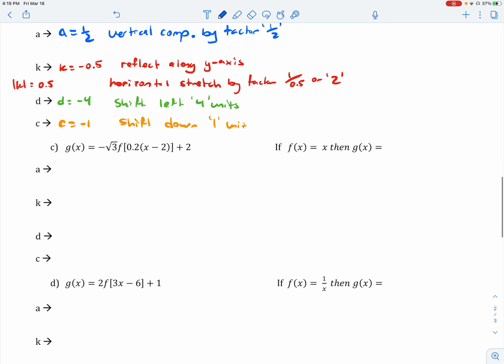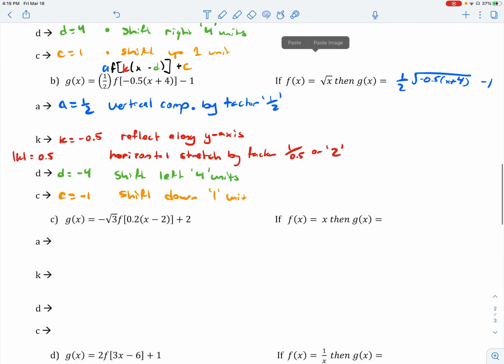Okay, let's do this next one. I'm going to copy that. Okay, there's my comparison. So I can see a is equal to negative square root of 3.